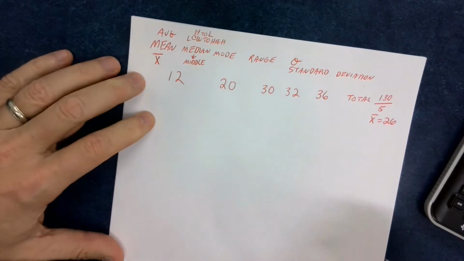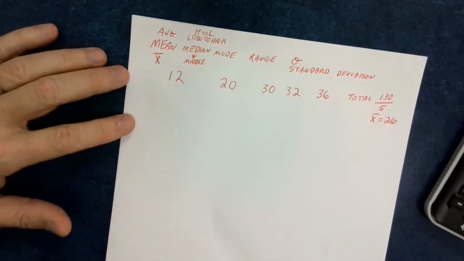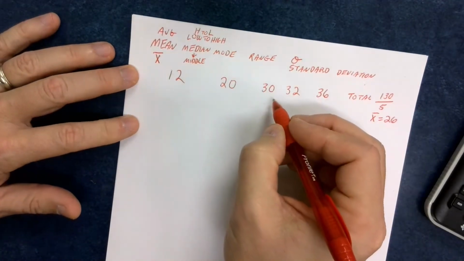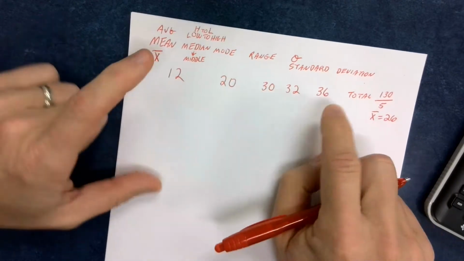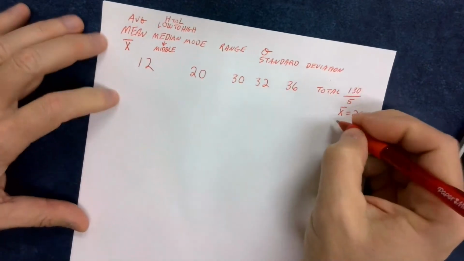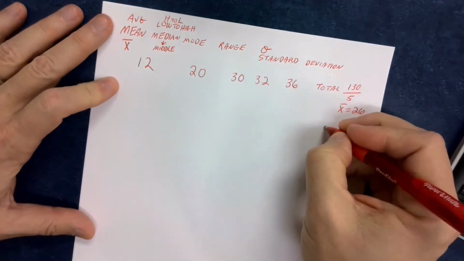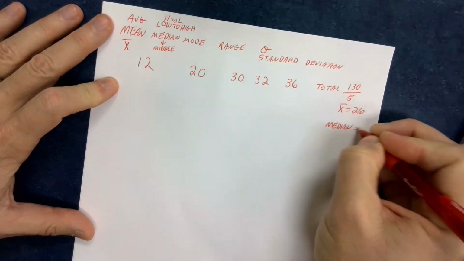Okay, so what I need to do right now is find the middle. So low one, high one, low one, high one. This one's right here in the middle. So 30. So that's what's considered the median. I'm going to put that over here. So the median is the one that's right in the middle.